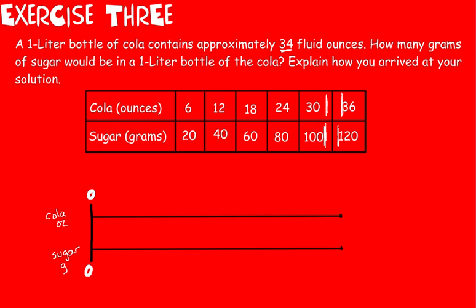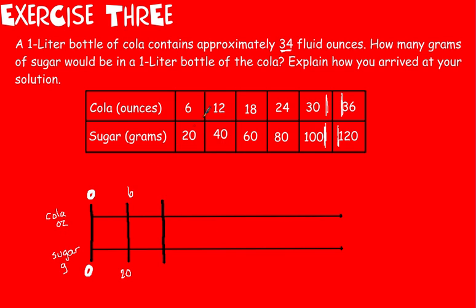So now, when I make my next line, on top, I know that it's 6 ounces of cola because that's what I go up by. I go up by 6. But when I go up by 6 in the cola, I go up by 20 in my grams of sugar.